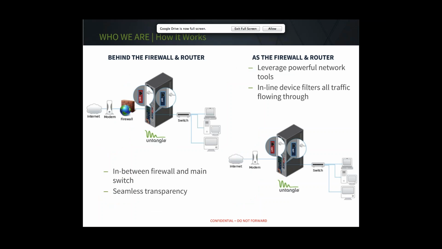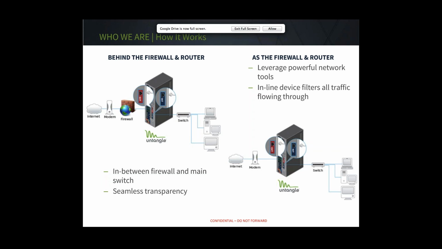The majority of our customers utilize it this way, and then we do have a handful that utilize it as a firewall router, and you see that depiction over on the right-hand side. Keep in mind that it basically needs to be in line. It's not a proxy and cannot be set up as a proxy. In order for all of your traffic to be filtered, it must flow through your Untangle, and both of these options require that for Untangle to be successful in your network.